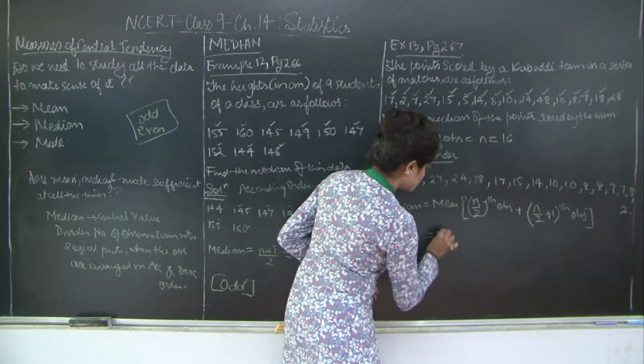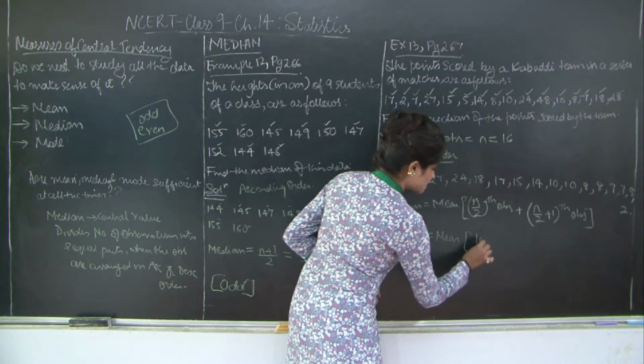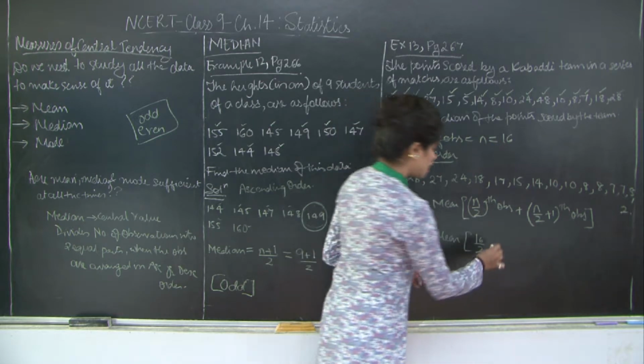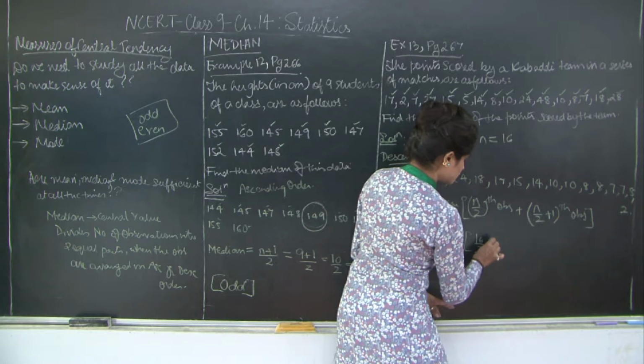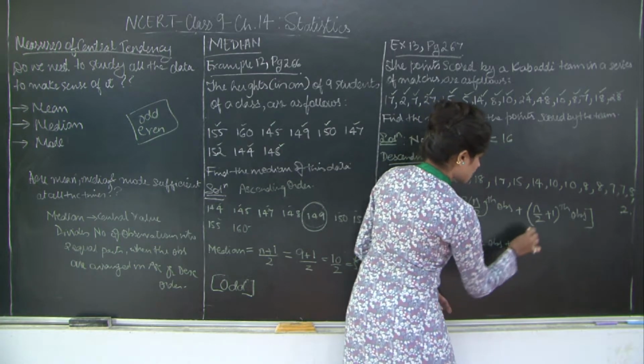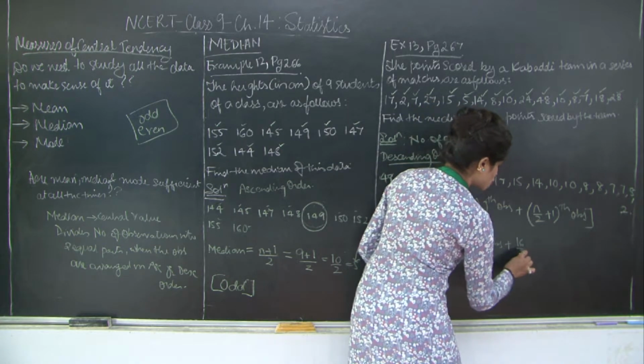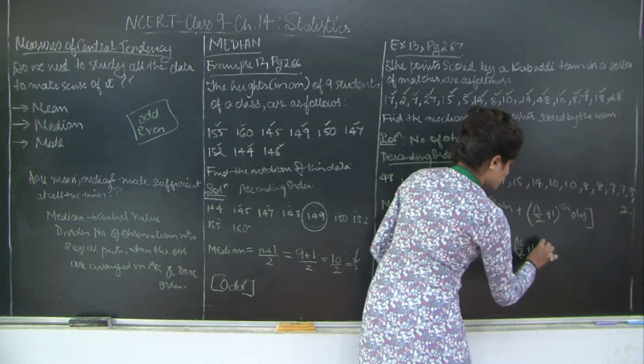So this is going to be the mean of the 16 upon 2th observation plus the 16 upon 2 plus 1 observation.